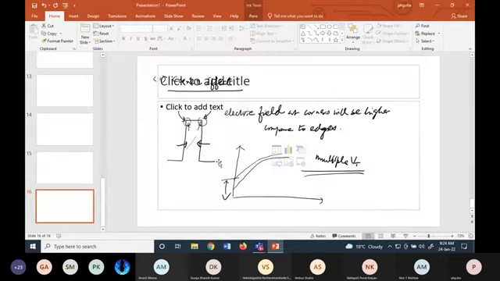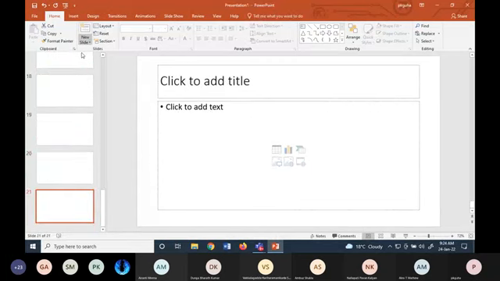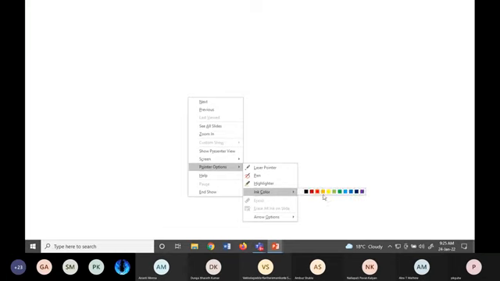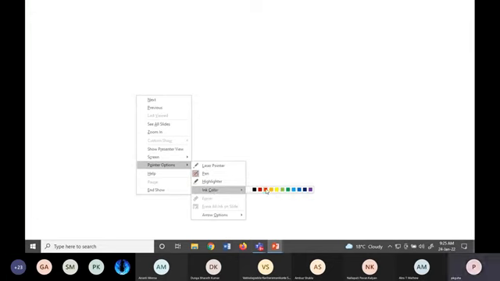So what we can do, we can remove the corners. We can have fin like this.